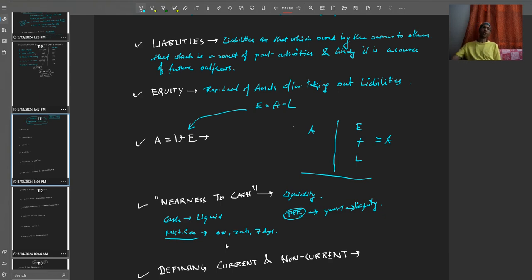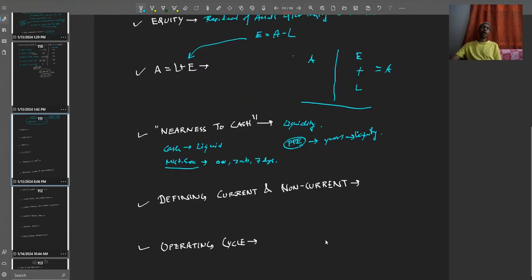Herein come the definitions of current and non-current. Anything that is liquidable or going to be liquidated, that is converted into cash within 1 year or one operating cycle, that is a current item. Anything that takes more than this time, that is more than 1 year or more than one operating cycle, is a non-current item.